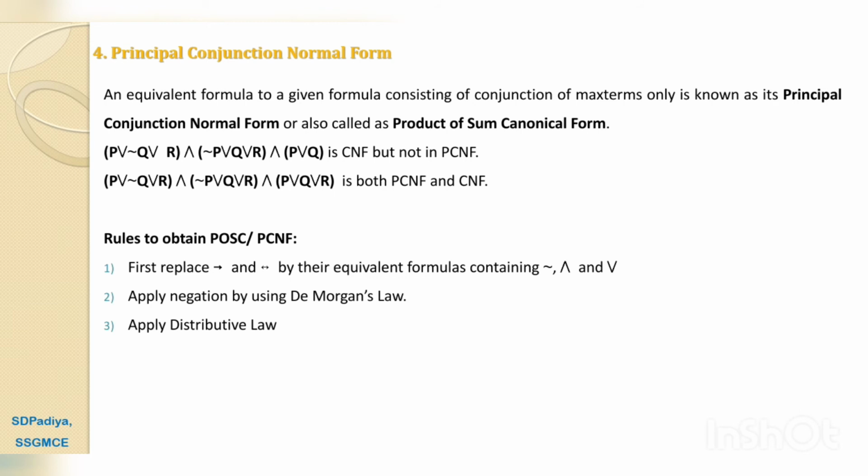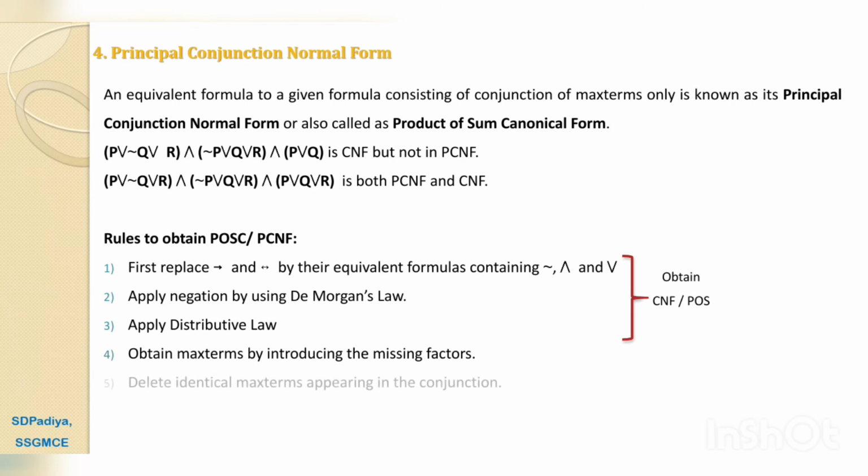The second is to apply negation using De Morgan's law, and the third is to apply the distributive law. These three are to obtain the CNF. To obtain the PCNF, we have the additional rules: the fourth is to obtain the max terms by introducing the missing factors, and the fifth is to delete identical max terms appearing in the conjunction.